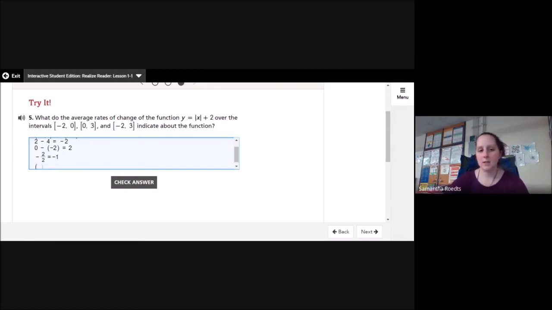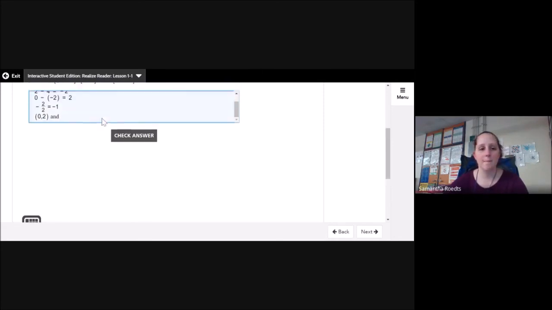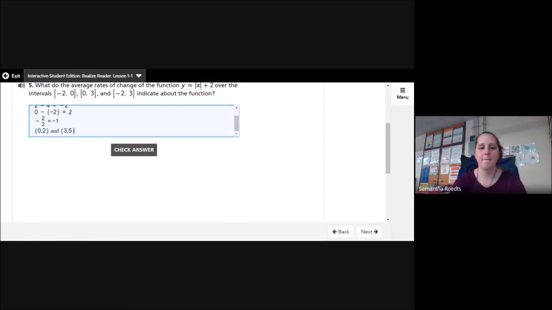The second points are from 0 to 3. So 0 was 0, 2, and 3, 5. Okay, so I have 5 minus 2, which is 3, and then 3 minus 0, which equals 3. 3 divided by 3 equals 1.